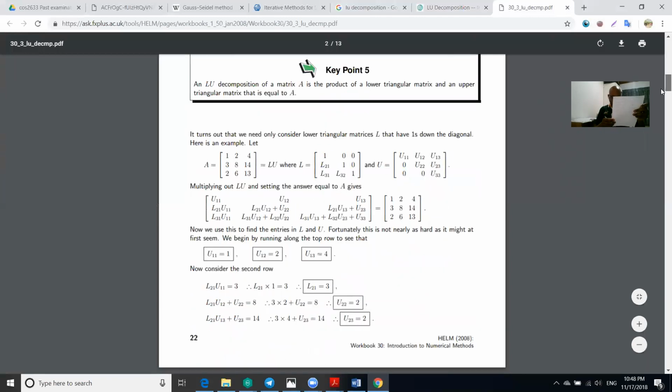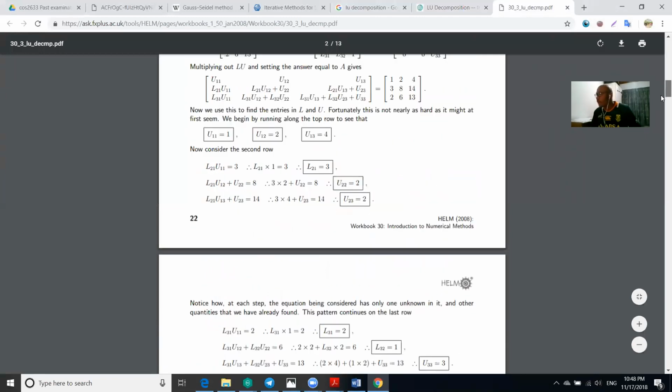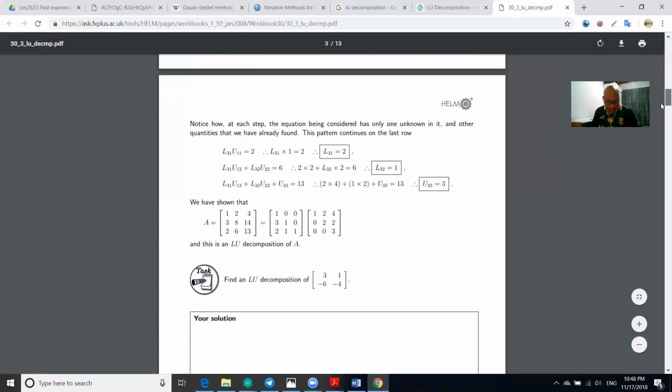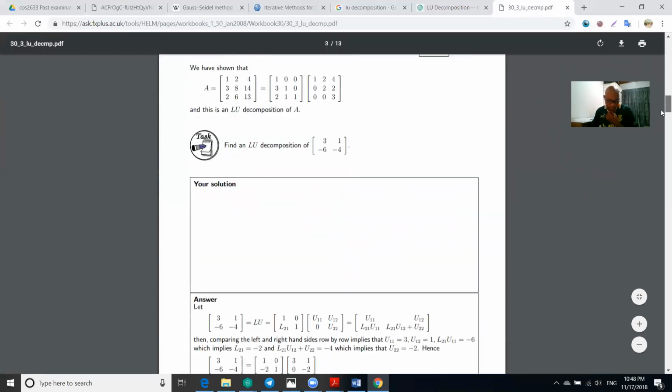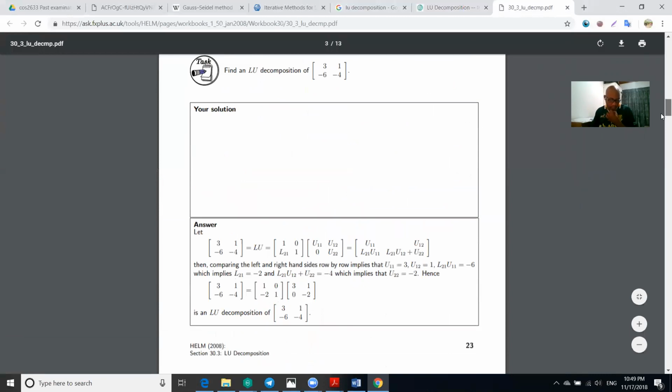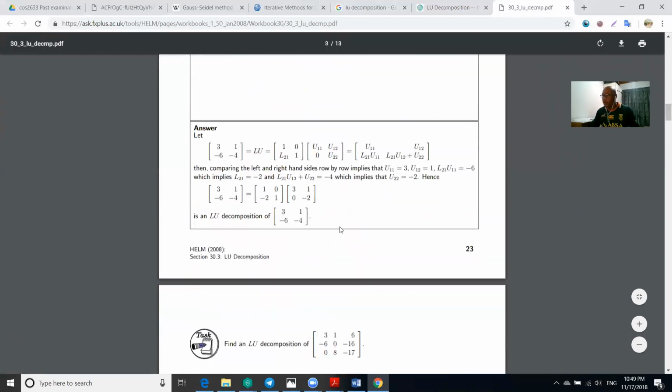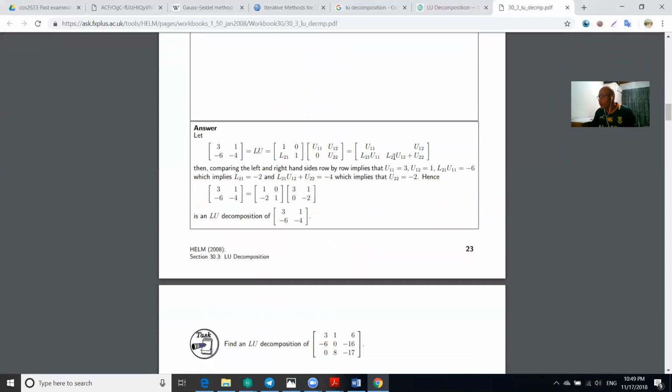Here it is. We're going to prove that this becomes this, right? Then comparing the right and left hand sides, row by row, implies that U11 equals 3.